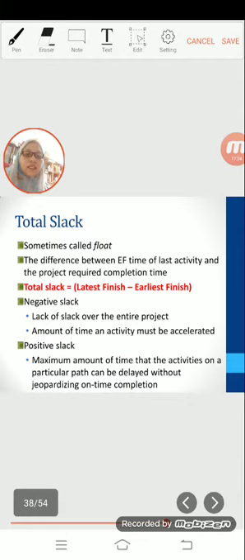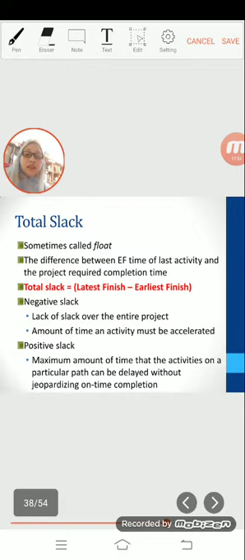Total slack is calculated for each of the activity by finding the difference between EF time of the activity and the LF of the activity. You also look at the difference between ES and LS of the activity. So total slack equal latest finish minus earliest finish.